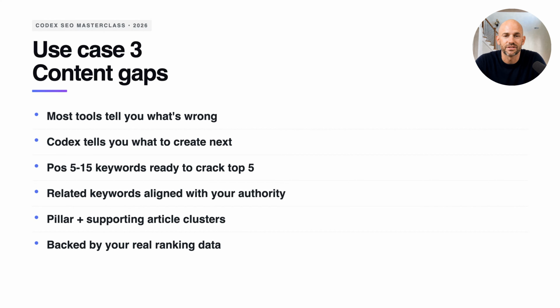Identify content gaps based on 3 criteria. 1, keywords ranking in positions 5 to 15 that could move to top 5 with dedicated content. 2, related keywords my site isn't ranking for that align with my topical authority. 3, cluster opportunities where I have one page on a topic but could expand into a pillar plus supporting articles. Codex returns a prioritized list backed by real ranking data. I update my content calendar monthly using this exact workflow, and these articles consistently outperform anything written from generic keyword research.